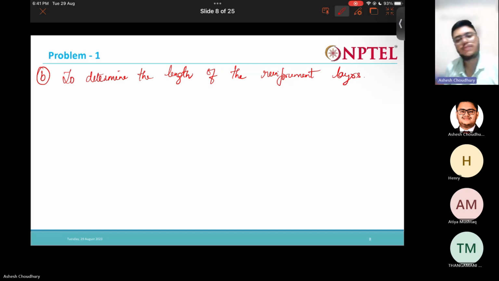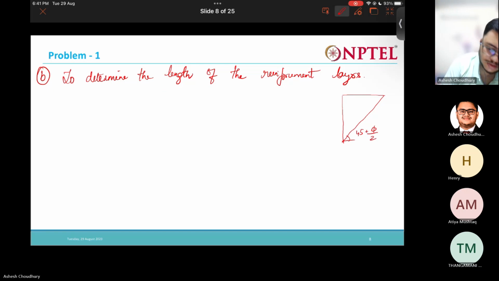Okay. So we have to determine the length of the reinforcement layers. That is our target now. If you remember, say we just draw this. So this is the Rankine's active wedge, right? We need to provide the reinforcement.